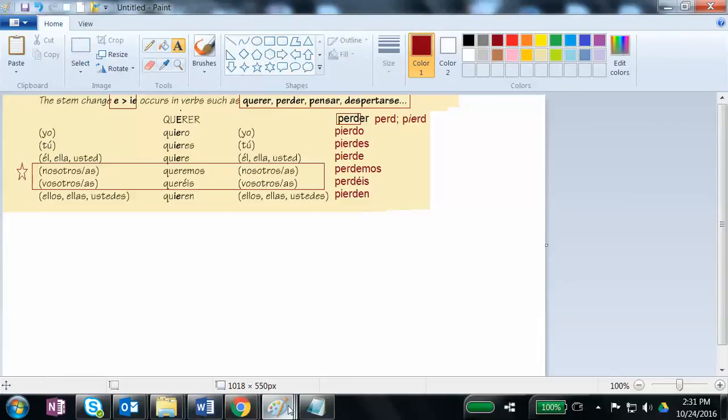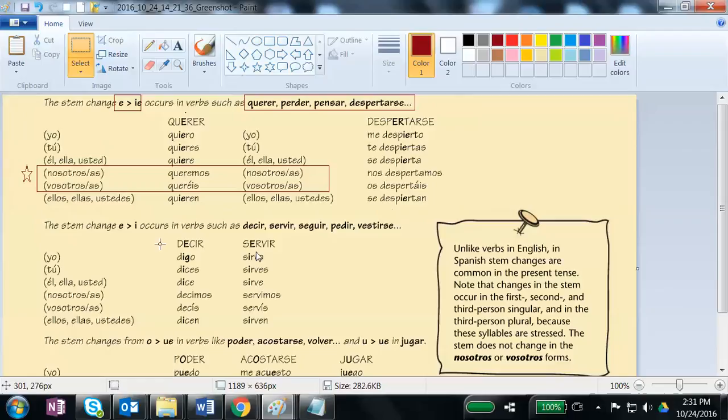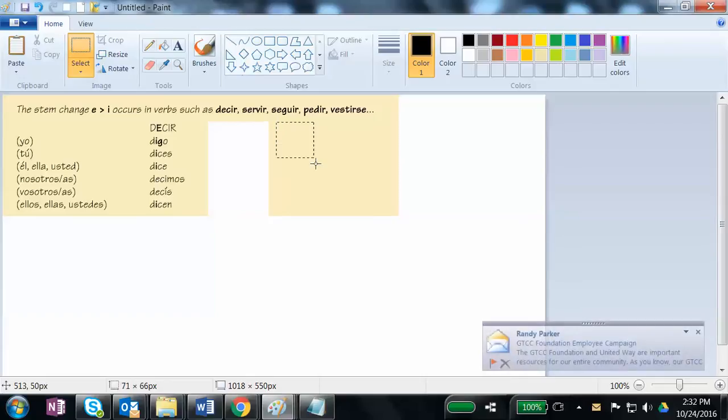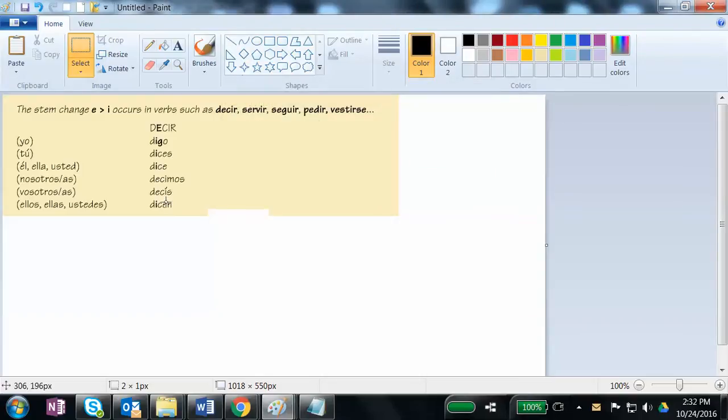There are other types of stem changers. Sometimes you'll have E to I stem changers, and they do the exact same thing. The only difference is that instead of an E to IE, it's an E to I. So if I go back out here, we did it with decir.